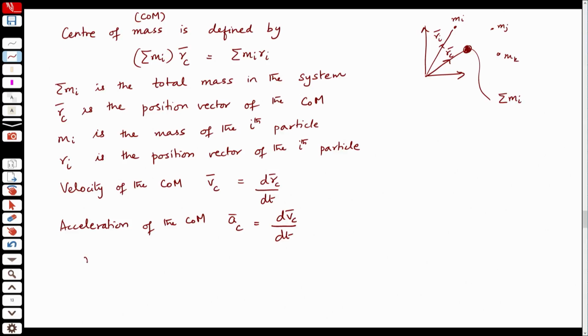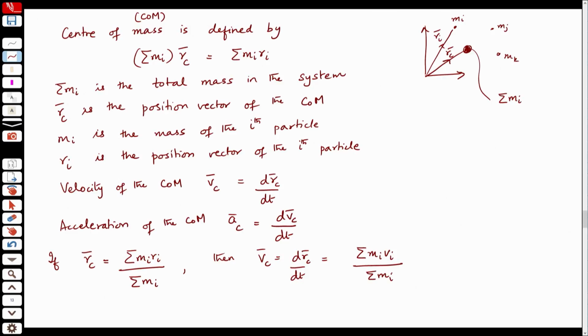So, if RC is sigma mi Ri by sigma mi, then Vc equal to drc by dt is nothing but sigma mi Vi by sigma mi, if I differentiate both sides.